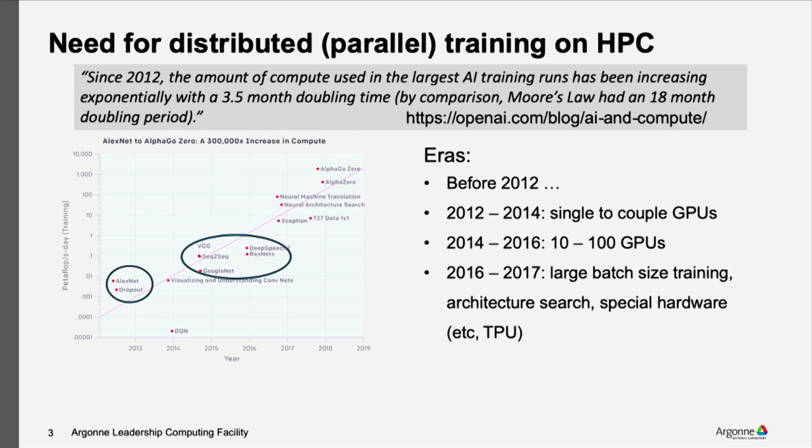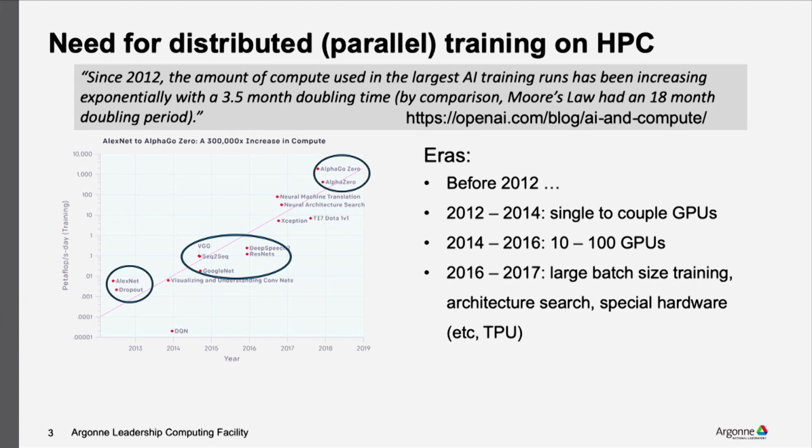And then as time evolved, more complicated ones came out, like ResNet and VGG, and a lot of other neural nets proposed by Google, and most recently AlphaGo. The amount of compute from the simplest AlexNet to AlphaGo is 3 million times more. This follows an exponential growth: it doubles every 3.5 months.